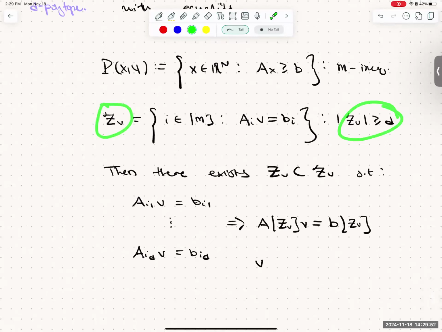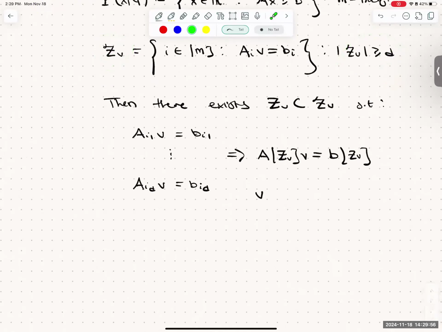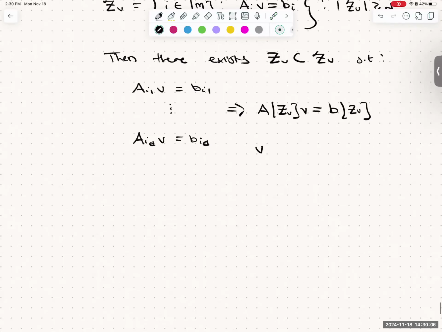This set could be greater than or equal to D, but I'm looking for just a regular Z subset of D indices such that the corresponding matrix A_Z is invertible, so that we have this unique solution.